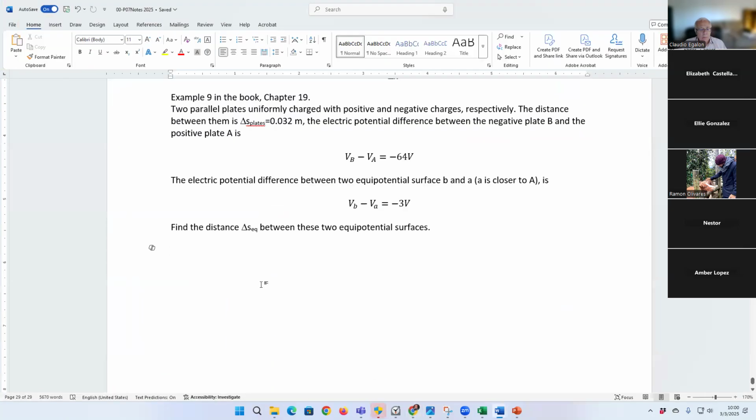One very important point: use the fact that the E field is uniform within the volume between these two plates.